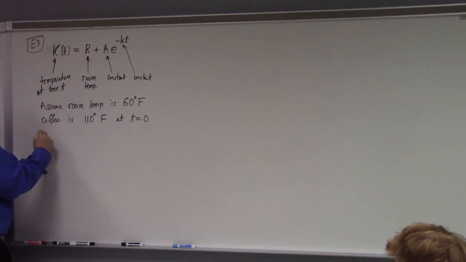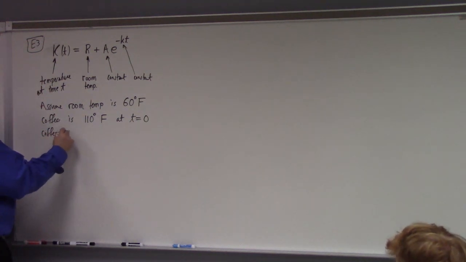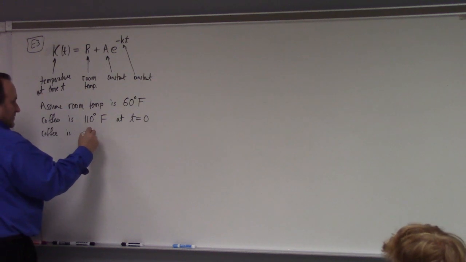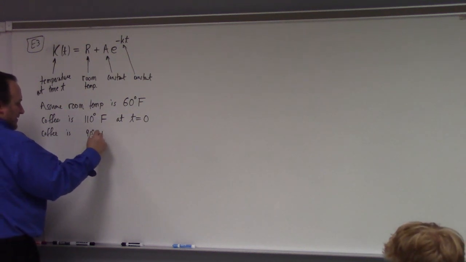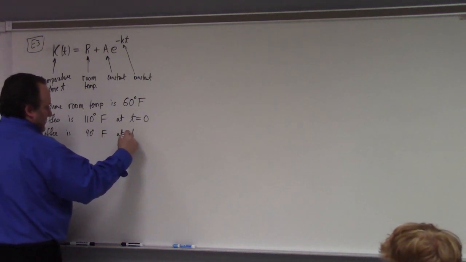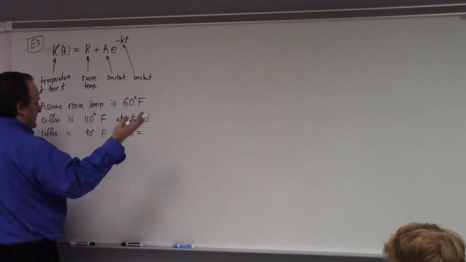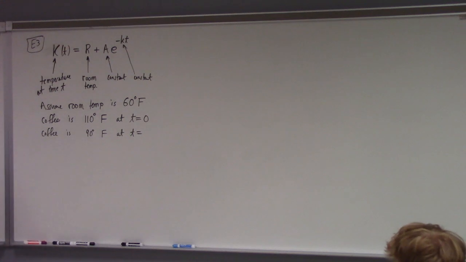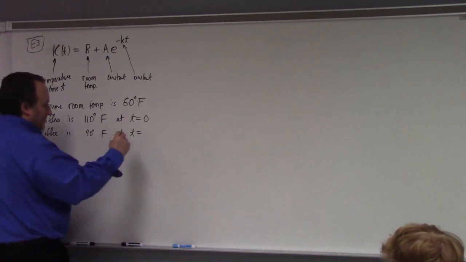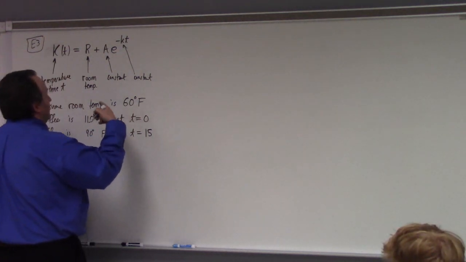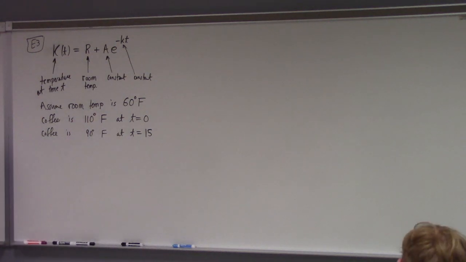And then the coffee cools to 90 degrees Fahrenheit after, let's say, how many minutes do you want to make it? 15? All right, 15. We're assuming that we're working in minutes.